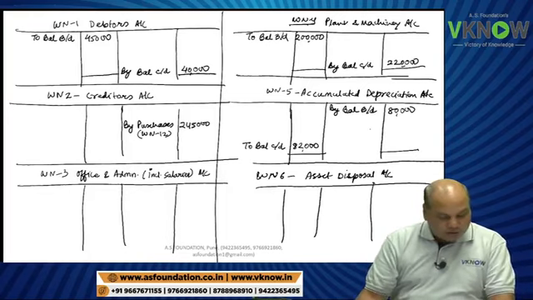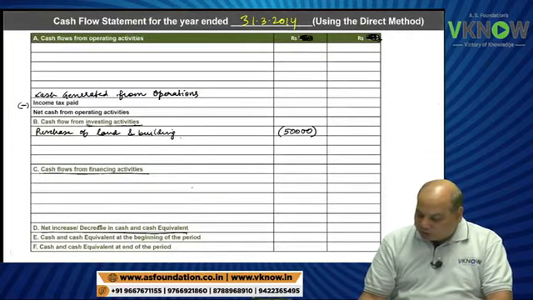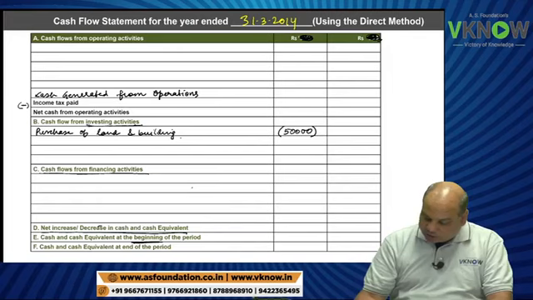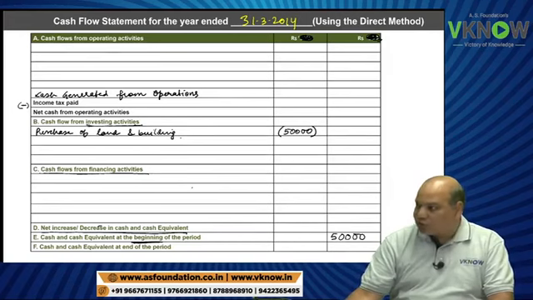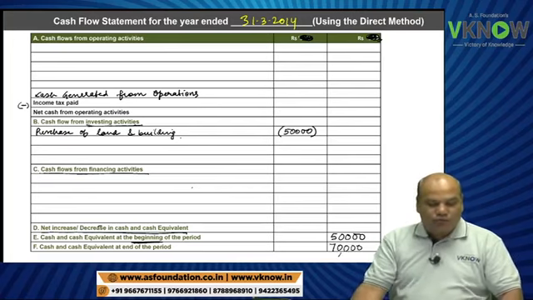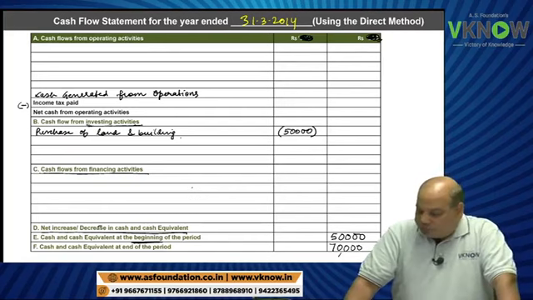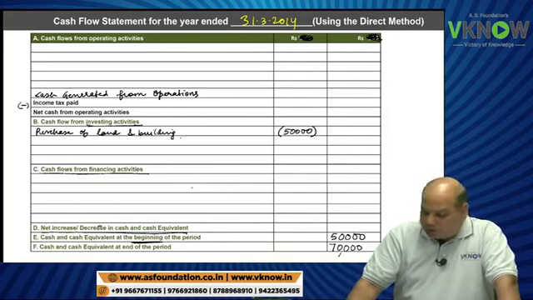And cash equivalent at the beginning of the period, second last point, is 50,000. And cash equivalent at the end of the period, please write down, start as fast as you can, those who have joined late, 70,000. So this is the asset side.